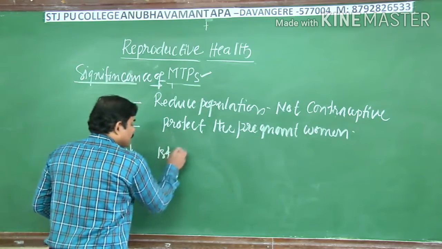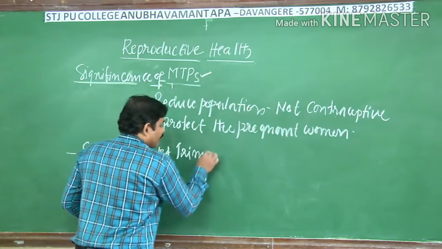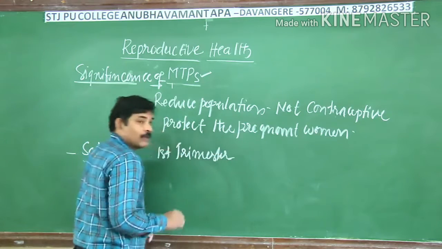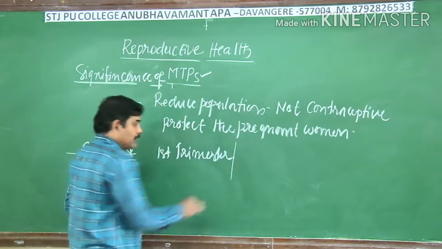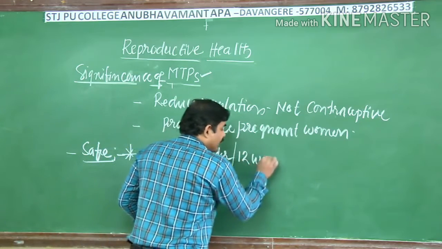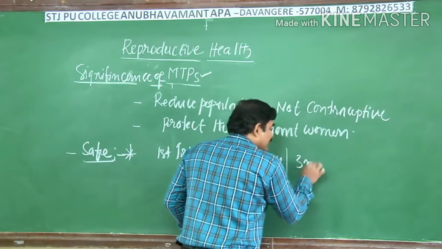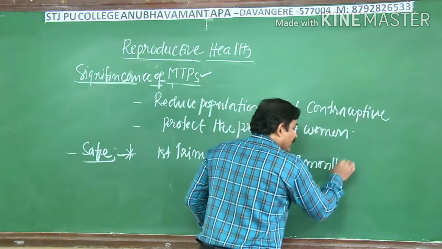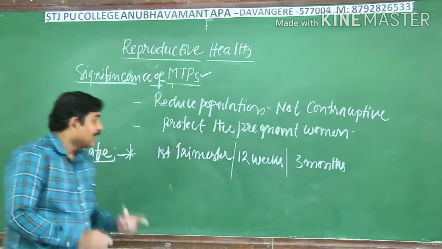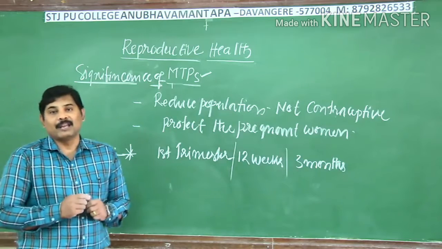We call it the first trimester, the first 3 months of the pregnancy, the safe period for termination.